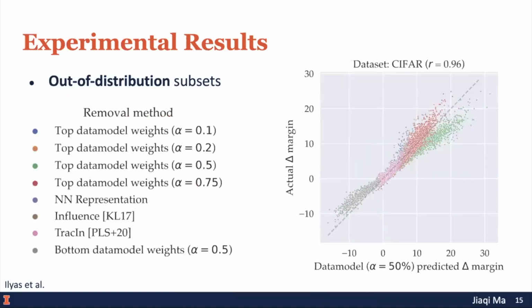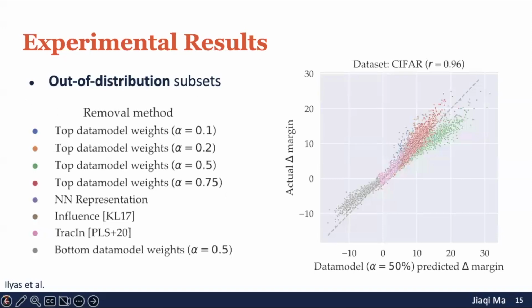The authors also evaluated on some out-of-distribution subsets that have different sizes from the ones used to estimate the G function. In this scatter plot, the points with different colors correspond to different ways to get such out-of-distribution subsets.